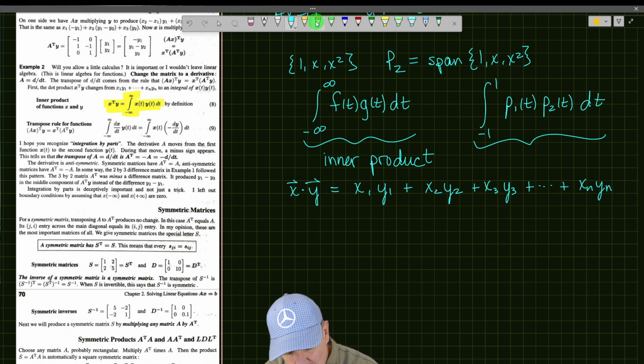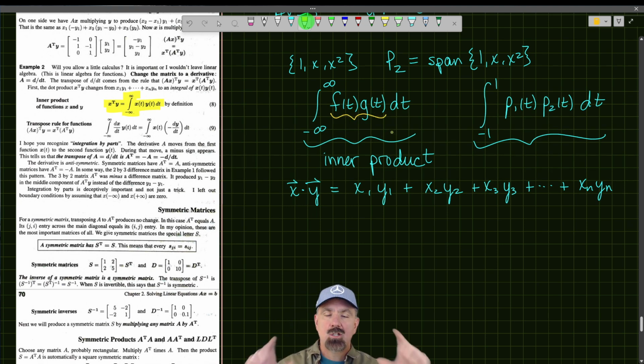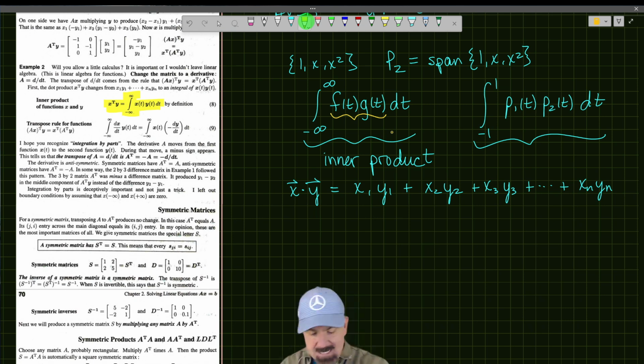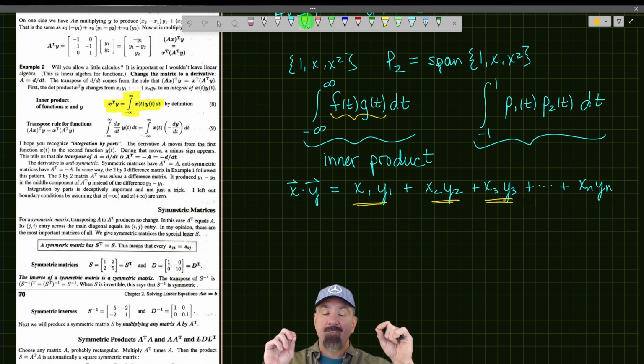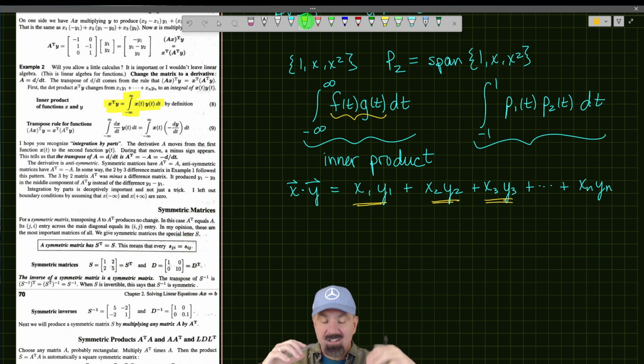Now let's take a look at what's happening here. I am taking the two functions, and at every value of t, I am considering their product. It's exactly the same as what we're doing at each of these, except instead of a finite number of components inside of our vector, which is what happens when we have vectors from the real numbers, what we have instead is an infinite number of these things.